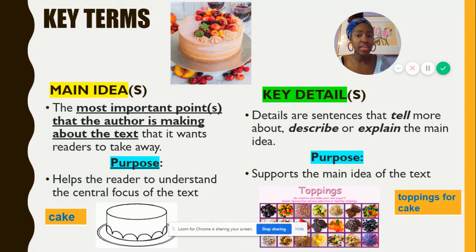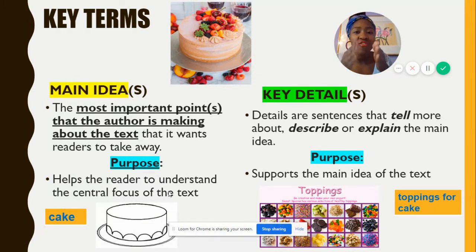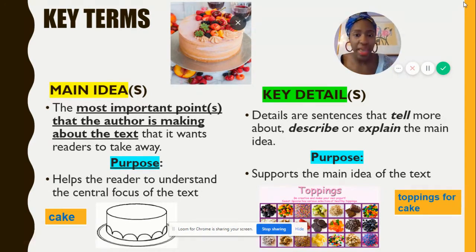That is your main idea. And what is the purpose of it? Well, the purpose is to help us as the reader understand what's the main focus. So after we're done reading the text, what should be our main focus? So when we think about the main idea, I want you to think about a cake, just a plain basic cake, as you see in the corner, okay?